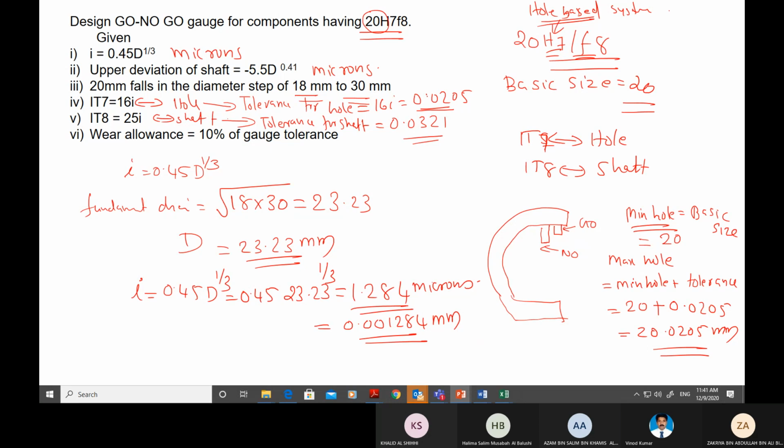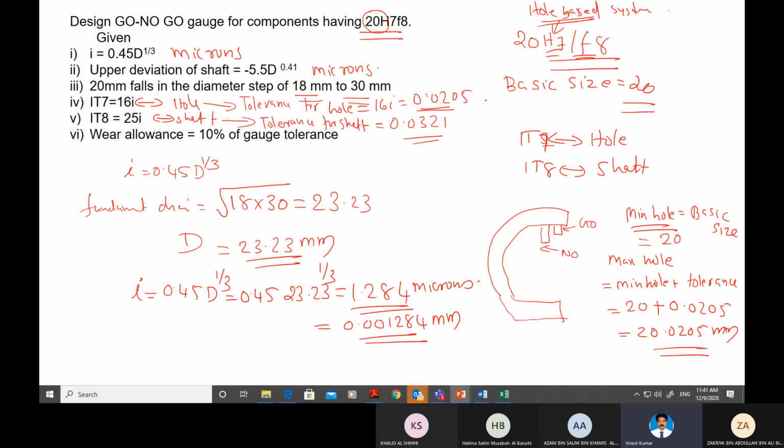Doctor, the basic size always comes as the minimum hole? If you go through the lecture, it is clearly given what the combinations of hole based system and shaft based system are. If the system is based on hole, minimum hole will always be the basic size. But in this question, how do we know it's a minimum hole?